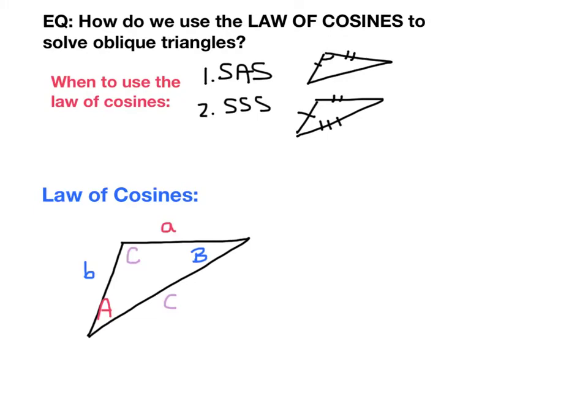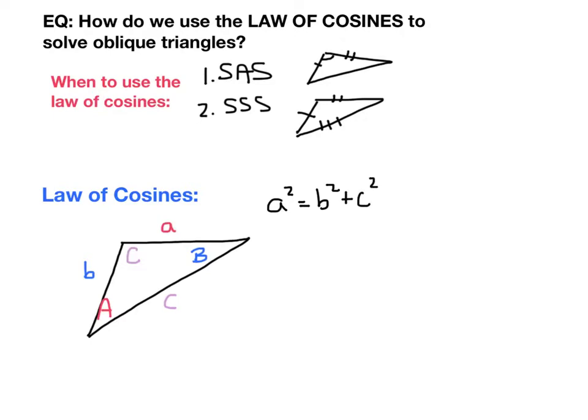Okay, so what is the law of cosines? Well, we can write out the law of cosines three different ways for each of these angles and sides, but it's pretty much the same thing each time. If I'm looking for this a, I can say a squared is equal to the sum of both of the other sides squared, b squared plus c squared.